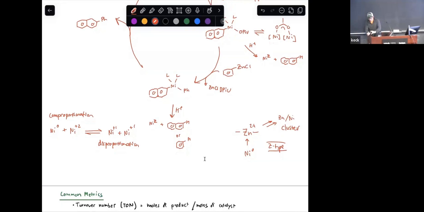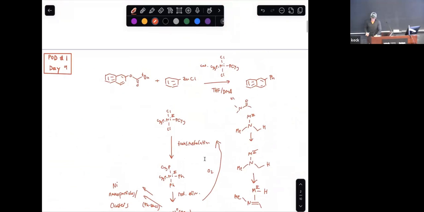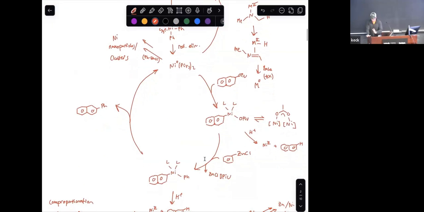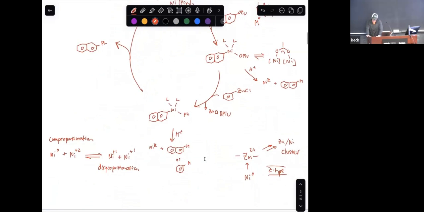And the mechanistic details of how that assembles is not really critical for this discussion. But the key point, hopefully, that comes out of this is that for a relatively simple looking reaction, there is a lot of complexity behind the scenes, of things that hopefully are working on your behalf, but also forces that can be working against you.